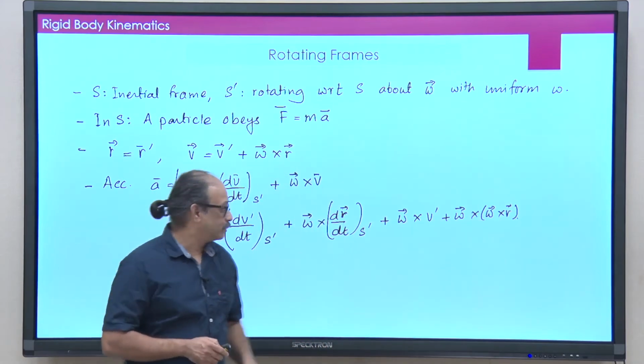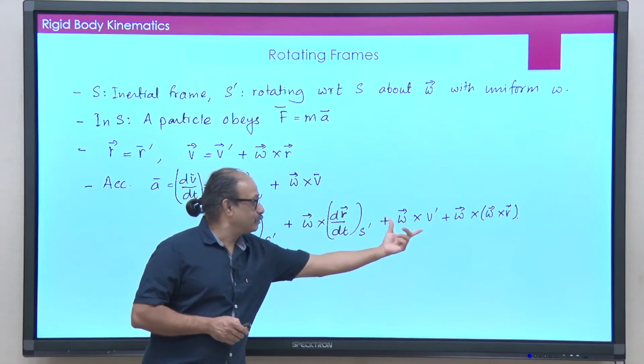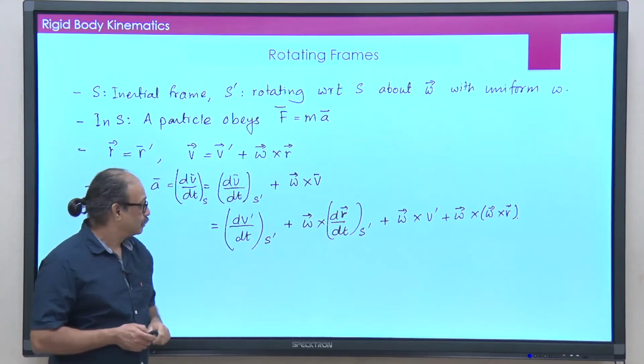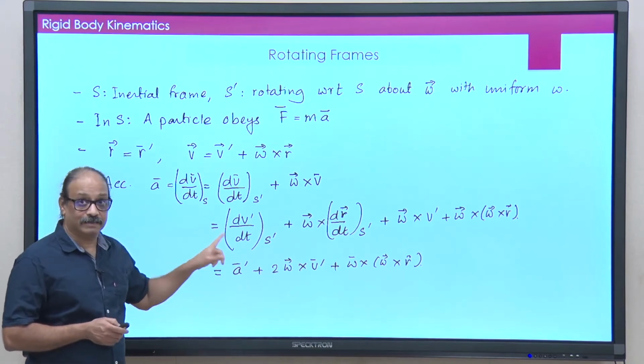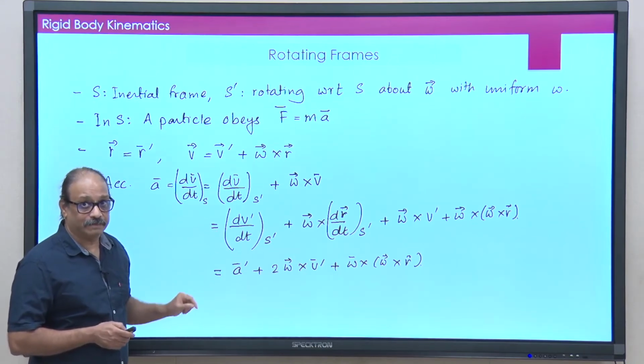So, these are all the terms, and you recognize these two terms are same. So, basically this would be acceleration. So, this is the acceleration seen by S prime frame.